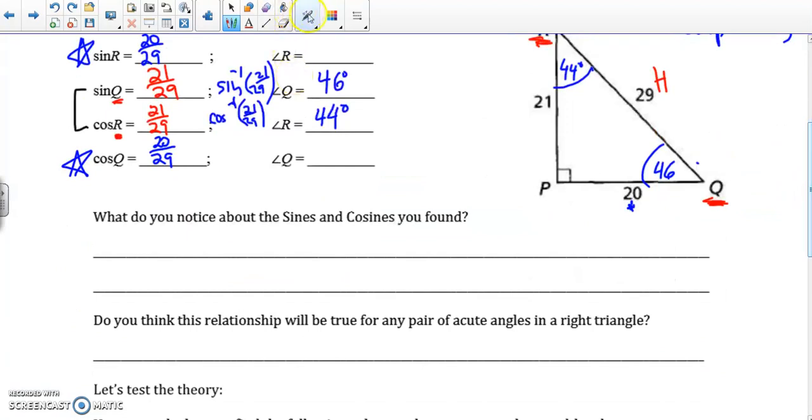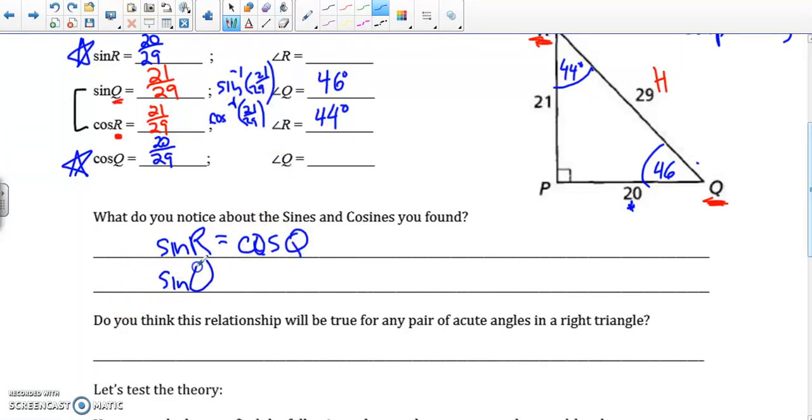So I guess what did we notice about the sines and cosines we found? We'll say that the sine of R is the same as the cosine of Q. That should be a Q, not a theta. There we go. So the sine of R is the same as the cosine of Q, and it works both ways.